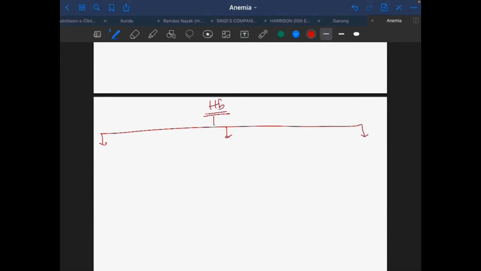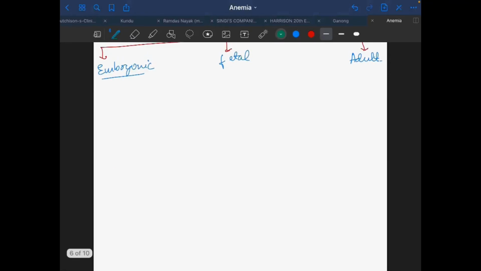The first one is embryonic hemoglobin. Next is fetal hemoglobin, and the adult hemoglobin, which we all know. There are different types of embryonic hemoglobin: hemoglobin Gower 1, hemoglobin Gower 2, and Portland hemoglobin.